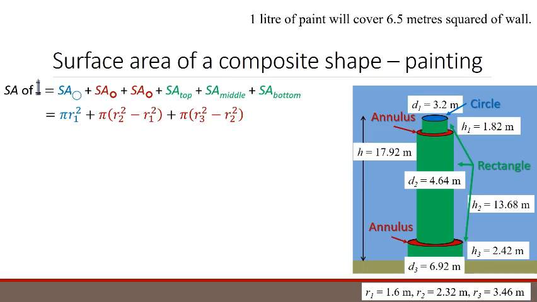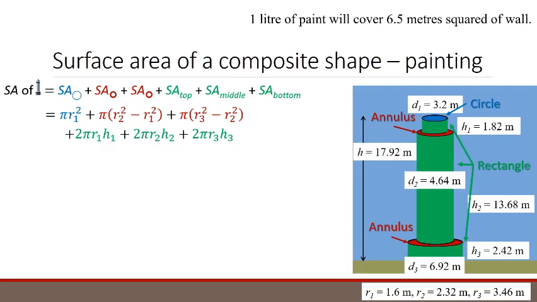For an annulus, we can use this funny formula that's pi brackets r2 squared minus r1 squared, close brackets. And we need that for the 2 different sizes. And then we've got 3 rectangles. And each rectangle, the circumference of the circle times the vertical height will give us the area. So 2 pi rh will find us the area of the first, second and third rectangles, which are the sides of the lighthouse.